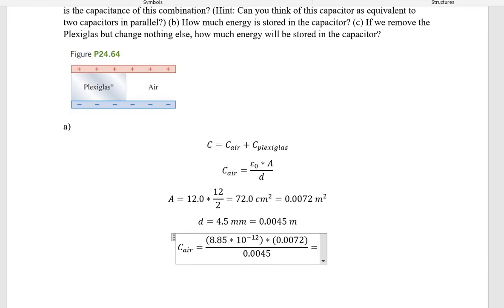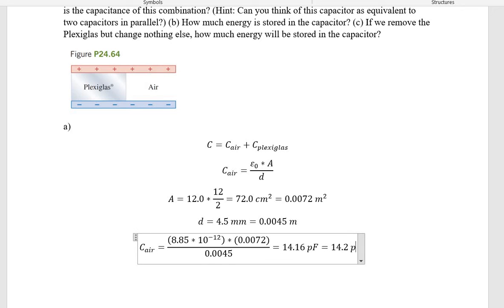And all this equals 14.16 picofarads, or 14.2 picofarads.